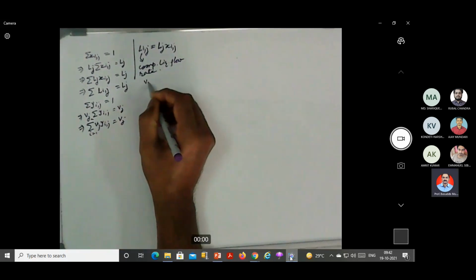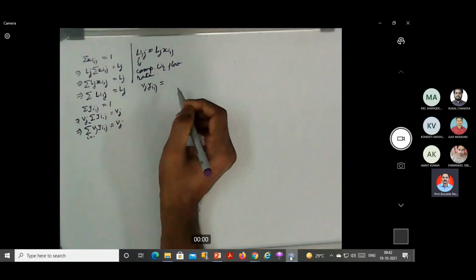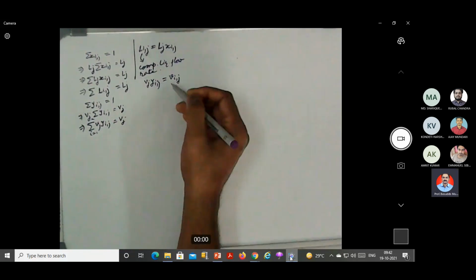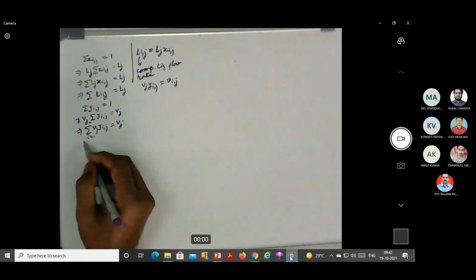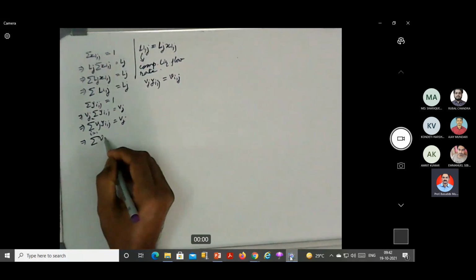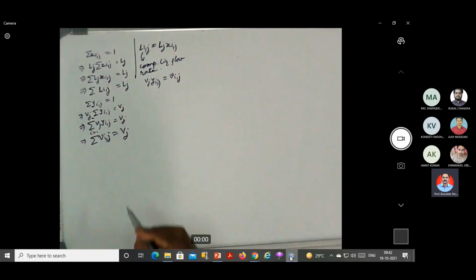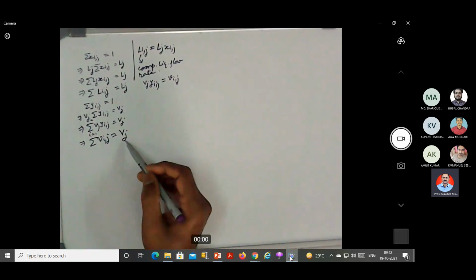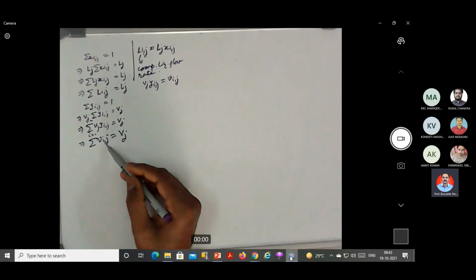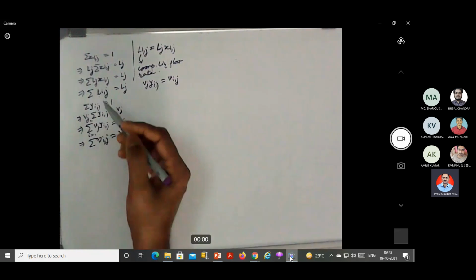Vj into Yij we can write as component vapor flow rate, that you can write as small Vij. Small Vij equal to Vj into Yij. So this also can be written as sigma Vij equal to Vj, total vapor flow rate. So total vapor flow rate is the sum of component vapor flow rates. Total liquid flow rate is equal to the sum of component liquid flow rates.